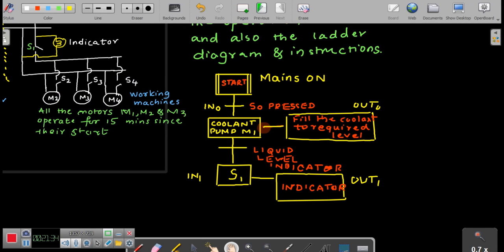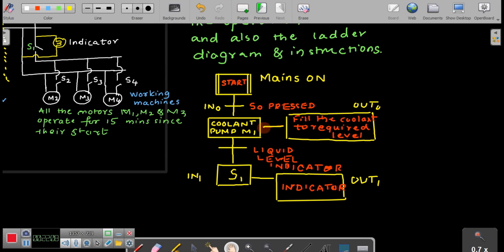Once the indicator starts glowing, it is your liberty as a user to turn on S2, S3, S4 either at the same time or sequentially or randomly, which has not been mentioned there. But when S2 is turned on, the motor M2 will be turned on, S3 is turned on, M3 will be turned on, S4 is turned on, M4 will be turned on, and they will remain turned on for 15 minutes.